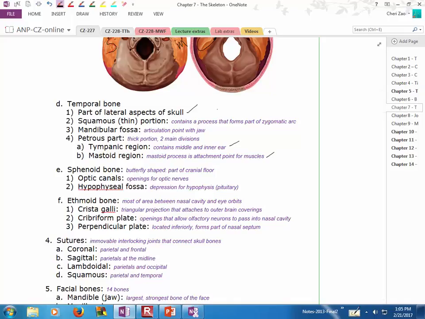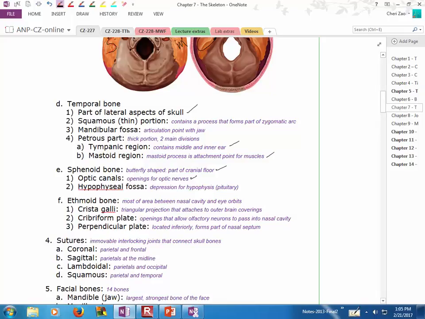Now we're going internal, and so we're going to take a look at two bones that are predominantly internal here in the skull, the cranium, and that's the sphenoid bone. And you know the sphenoid bone is the most complex bone of the cranium and has a lot of things to identify on it. For us, we just want to make sure that you know that it's part of the cranial floor, has a bit of a butterfly shape to it, and has openings for the optic nerves called optic canals.